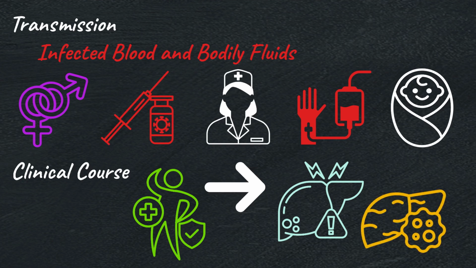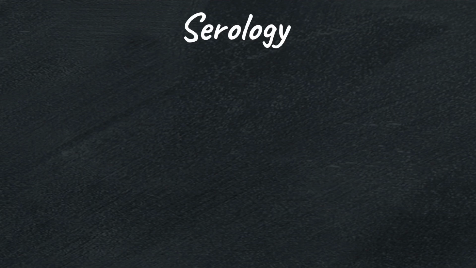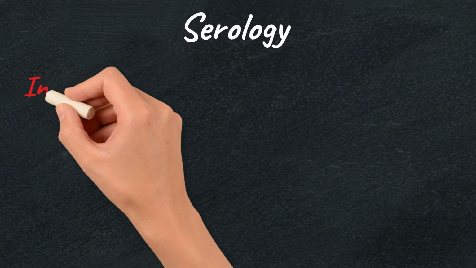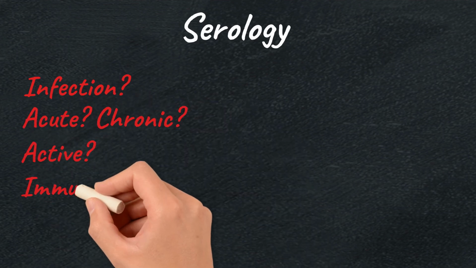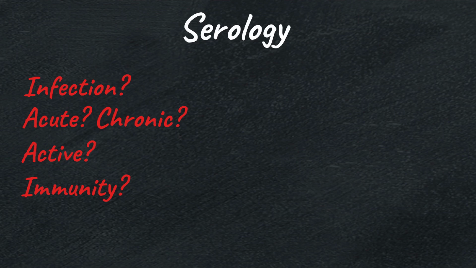Serology is a great tool because from a simple blood test we can answer all the questions below. Is there an infection? And if so, is it acute or chronic? Is it currently active? Or is there only immunity against Hep B? All of these we could answer with one simple blood test. Now, if we want a full serology, we send a blood test for the following markers.